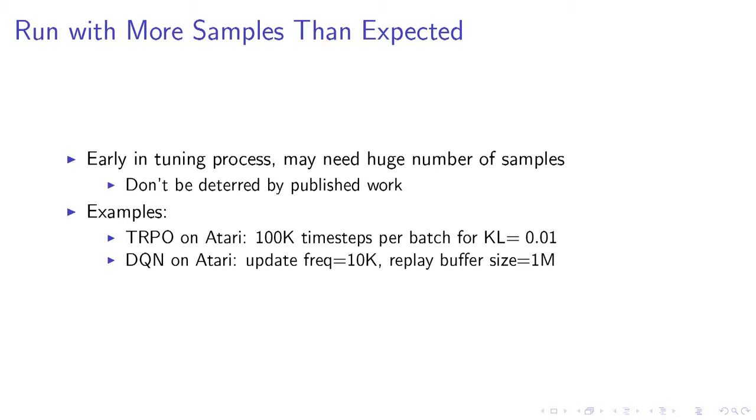So I would say early on, you might need to run with more samples than expected. One hyperparameter that you can usually adjust is how big of a batch size to use, or how many samples to use. I would say sometimes you should use more samples than you think you're going to need, because usually things just work better when you have more samples, almost always.